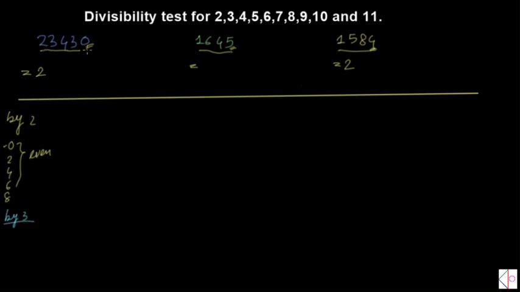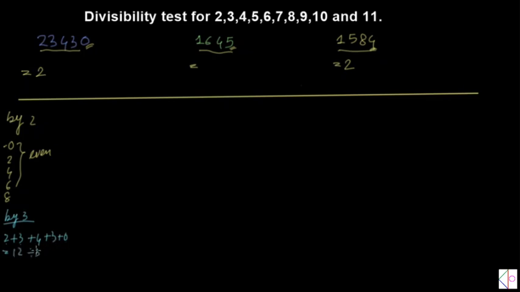That means the sum of the digits: 2 plus 3 plus 4 plus 3 plus 0. 2 plus 3 is 5, 5 plus 4 is 9, 9 plus 3 is 12, plus 0 is 12.